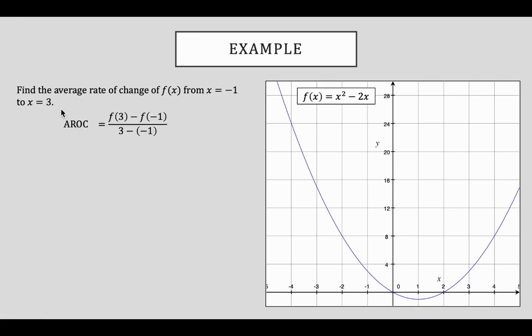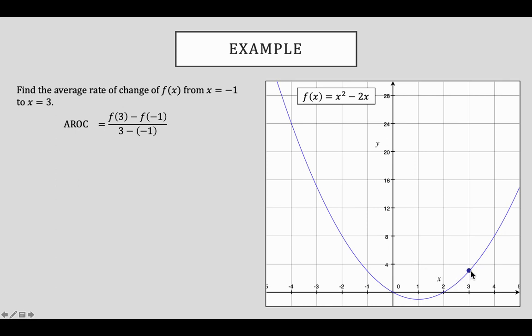So our average rate of change would be f of 3 minus f of -1 divided by 3 minus -1. Again, this is y2 minus y1 divided by x2 minus x1. And here are our 2 points.